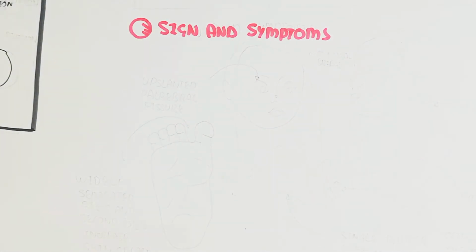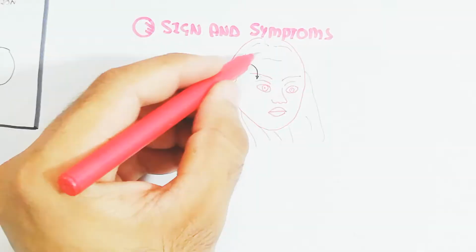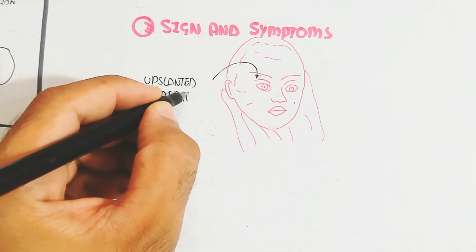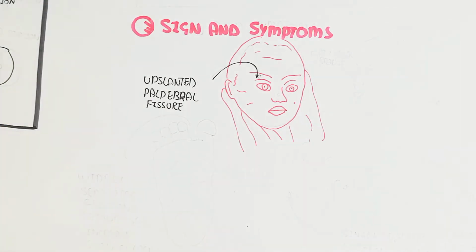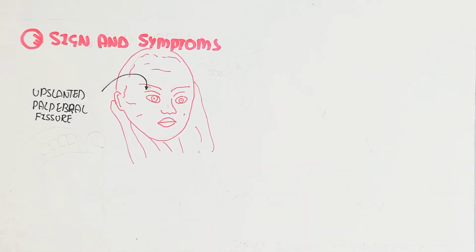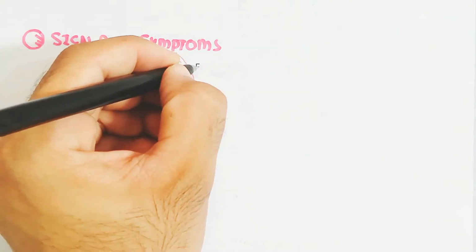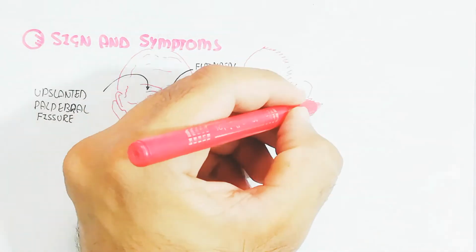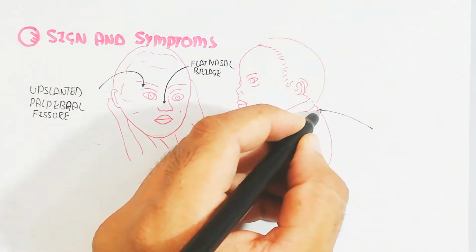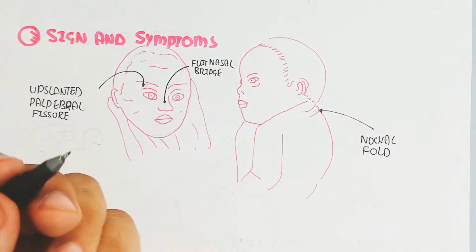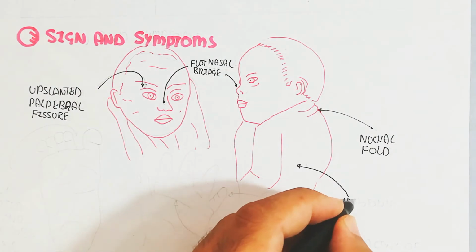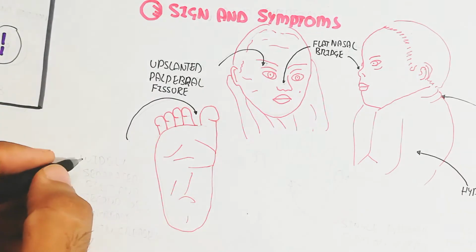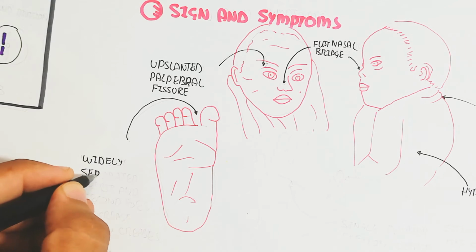So what are the signs and symptoms? Simple to understand. There is an oblique palpebral fissure, and on the other hand, the upper eyelid area will show swelling, and a flat nasal bridge will be formed. The knuckle fold will occur here, and here is hypotonia.